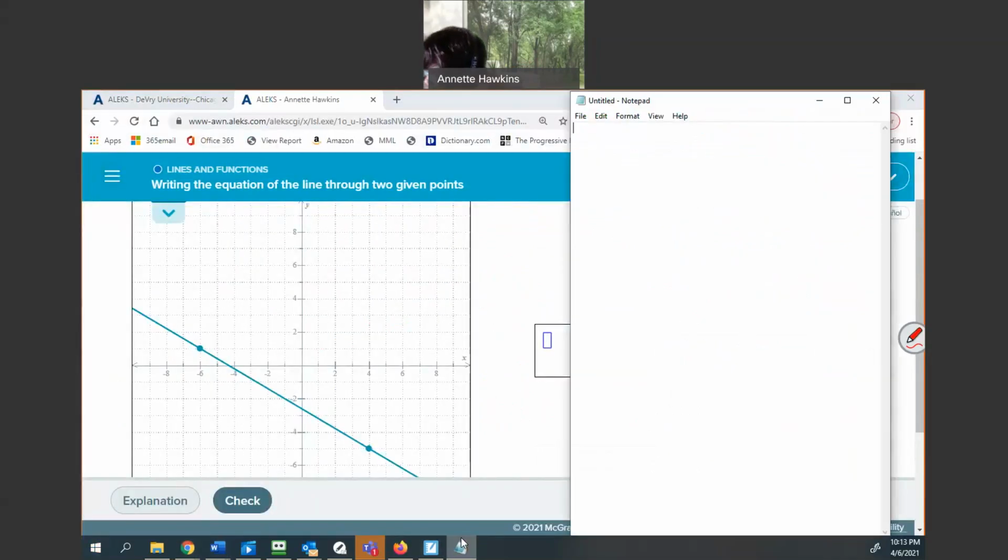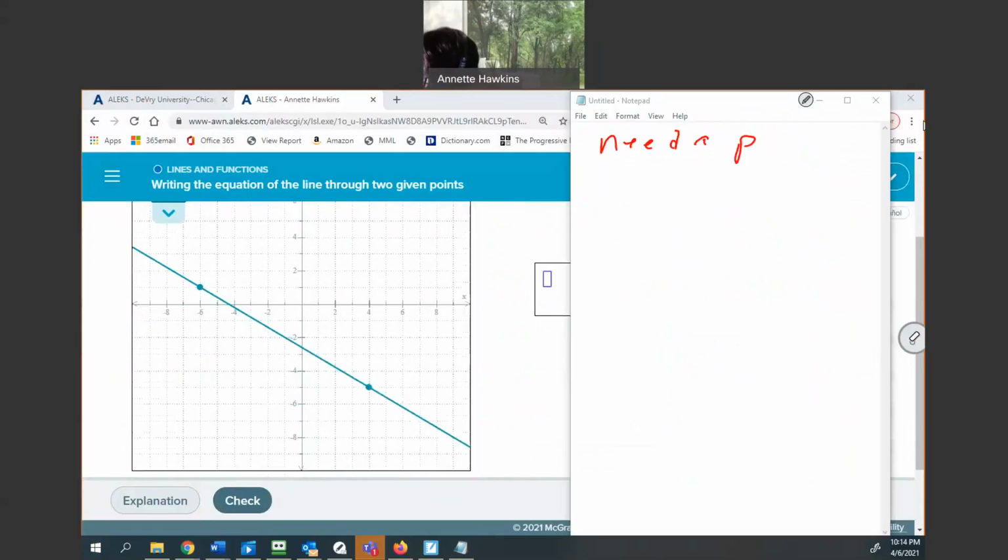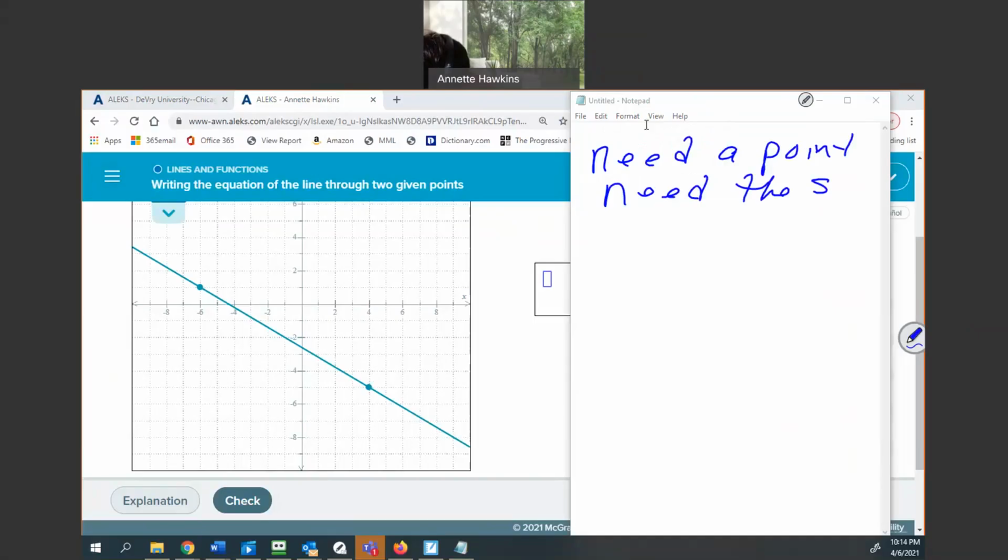Remember, to write the equation of a line, you need a point, need the slope, okay?